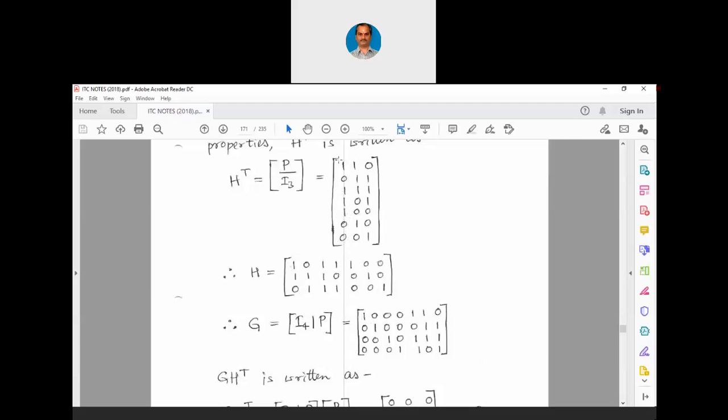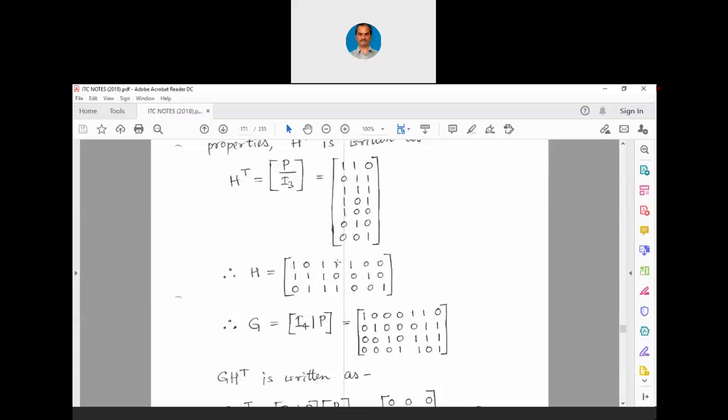Whatever corresponds to this particular one will come in G also, right? Because G is I4 with P. H is P transpose with I3.